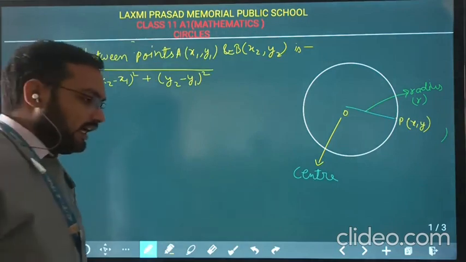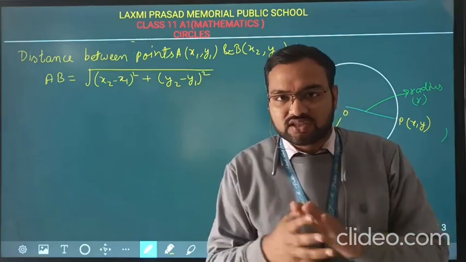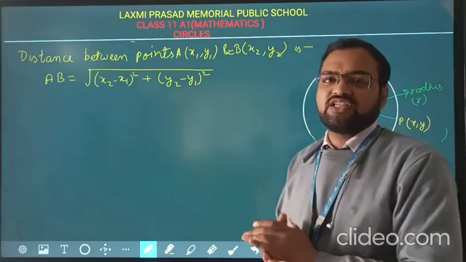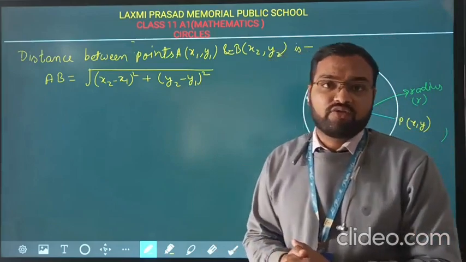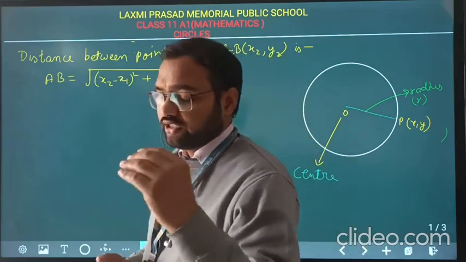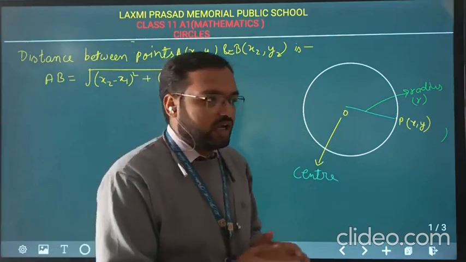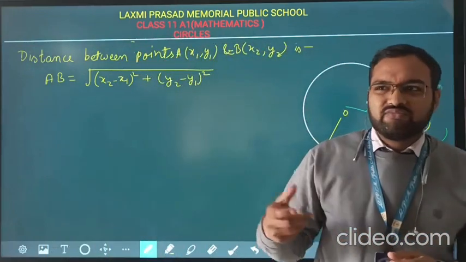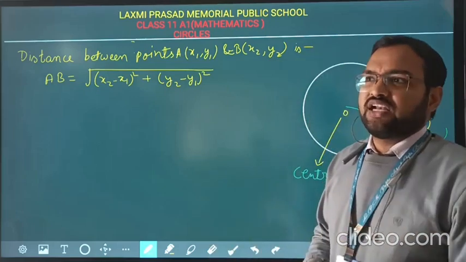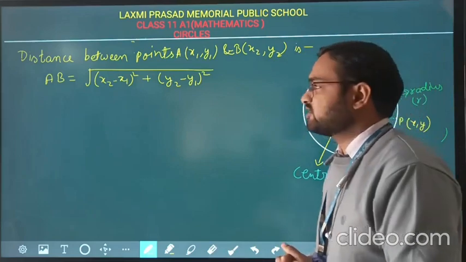There are three types of equations that can represent a circle. The first one is the simplest form or standard form, the second is the general form, and the third is the central form. Somewhere you can find another form, the diameter form also, but that is not included in your syllabus.